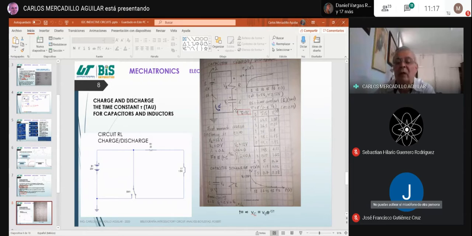We have a switch. When it all starts, we will call it the zero moment, the switch is open. Then we have the first moment when the switch is closed, which we can see as a red line here.